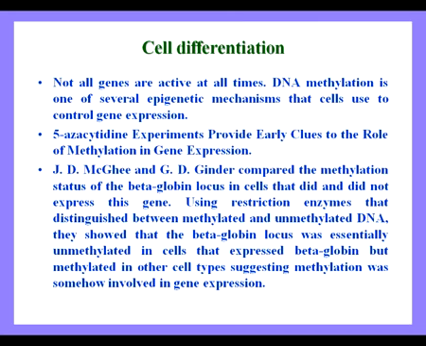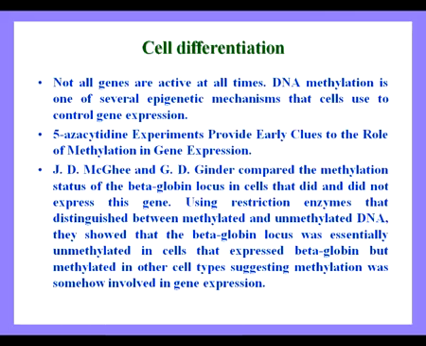Using restriction enzymes that distinguish between methylated and unmethylated DNA, they showed that the beta globin locus, this is important, was essentially unmethylated in the cells that were producing beta globin. And in cells where the beta globin protein was not present, the gene was found to be methylated. We have already discussed that methylation leads to compaction of the nucleosomes and demethylation leads to relaxation of the DNA.